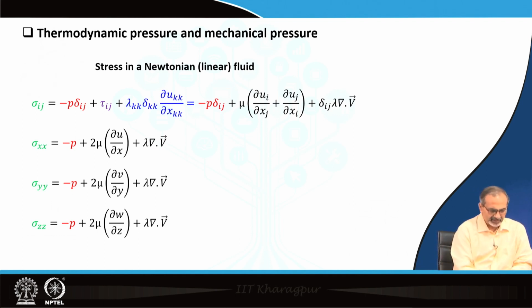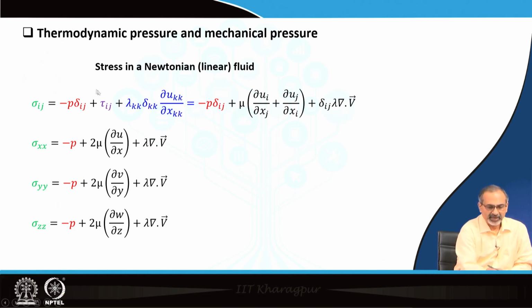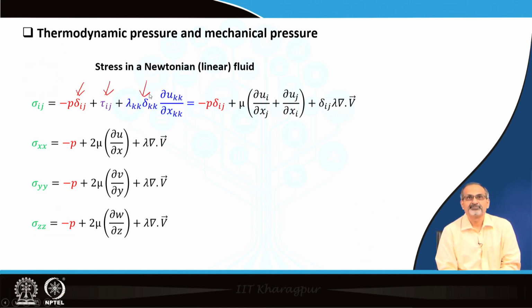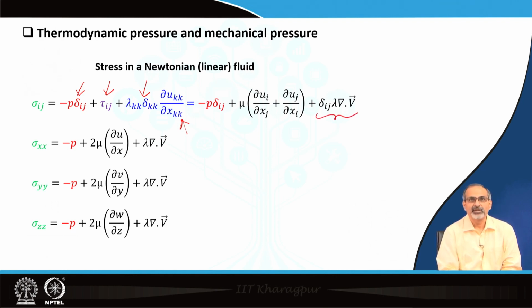When you look at that stress equation, there are contributions from the pressure, the shear stress, and the bulk modulus. You can write it using the index notation like we have over here, or in a vectorial form, where we still retain the index notation for the Kronecker delta. When the indices of the Kronecker delta match, that means i is equal to j, it attains a value of 1, otherwise it becomes 0.